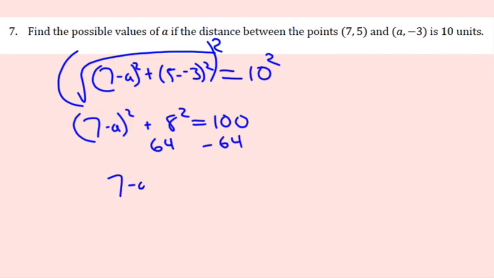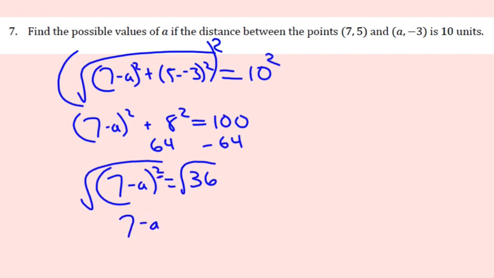So I get 7 minus a squared equals 100 minus 64, which is going to be 36. Now wait, look. I've got something squared equals 36. Now I'm going to take the square root of it, because I've got something squared here. So I get 7 minus a equals 6. But remember, I also have 7 minus a equals negative 6, because that could work too.